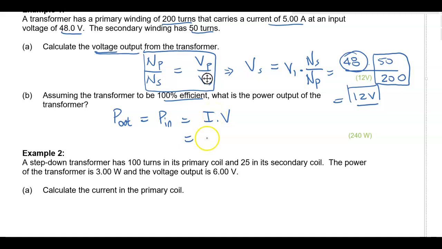It gives us the current input, and our voltage was 48. 5 times 48 gave us 240, in this case 240 watts. Okay, next screencast we'll continue on with this, guys. Okay.